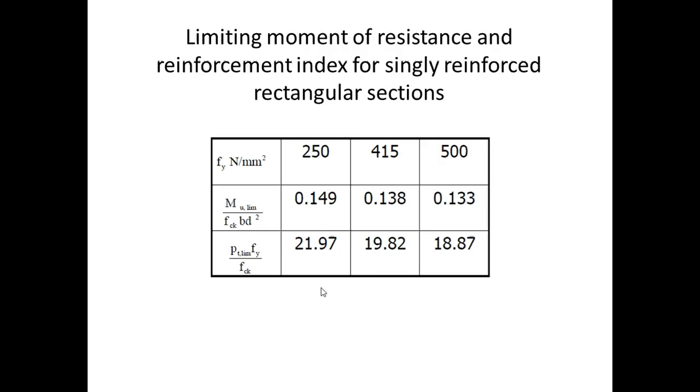So let me see the limiting moment resistance or the reinforcement index of the singly reinforced section. If the yield strength of the bar is 250, 415, 500, then the moment limitation is 0.149, 0.138 and 0.133. The limitation of the reinforcement is 21.97, 19.82 or 18.87. All this has been given in your SP16 code book.